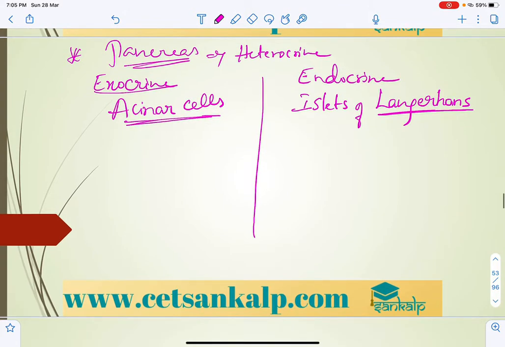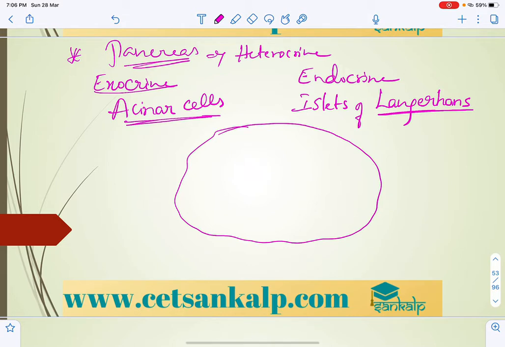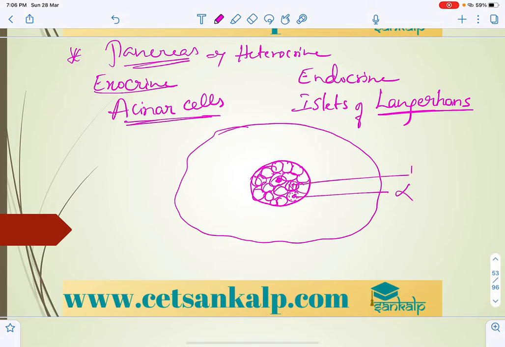So if you consider this is a pancreas, I will write a rough diagram here. So this is a pancreas, and this will be there generally, just to differentiate the different types: one is alpha, other one is beta, other one is delta.